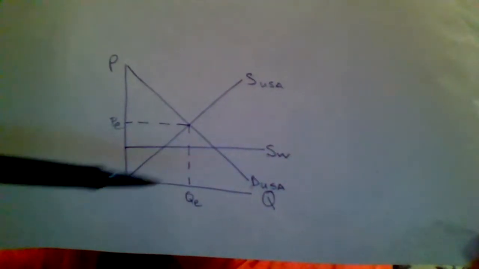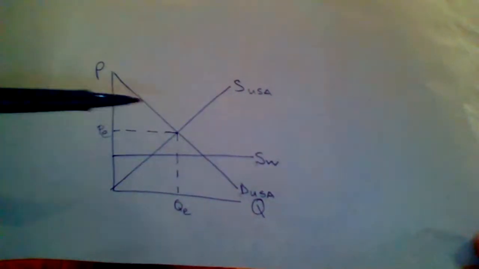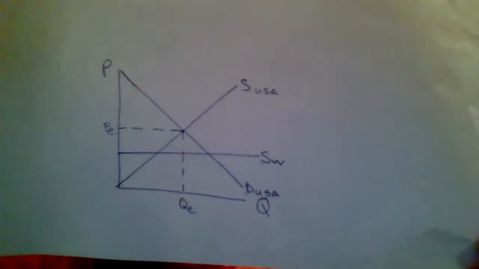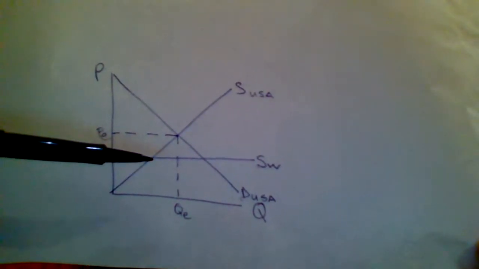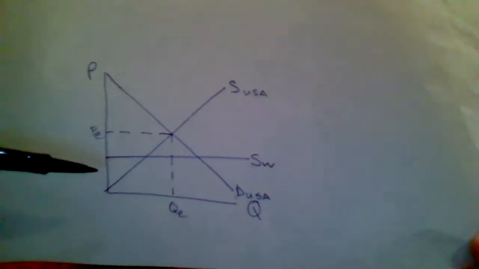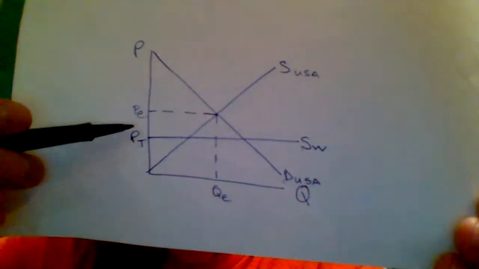If we did not trade, we would have this price and this quantity. If we engage in world trade, American companies are only going to produce this much because the price is going to fall down here. So this is the price with trade. I'm going to label it PT for price with trade.